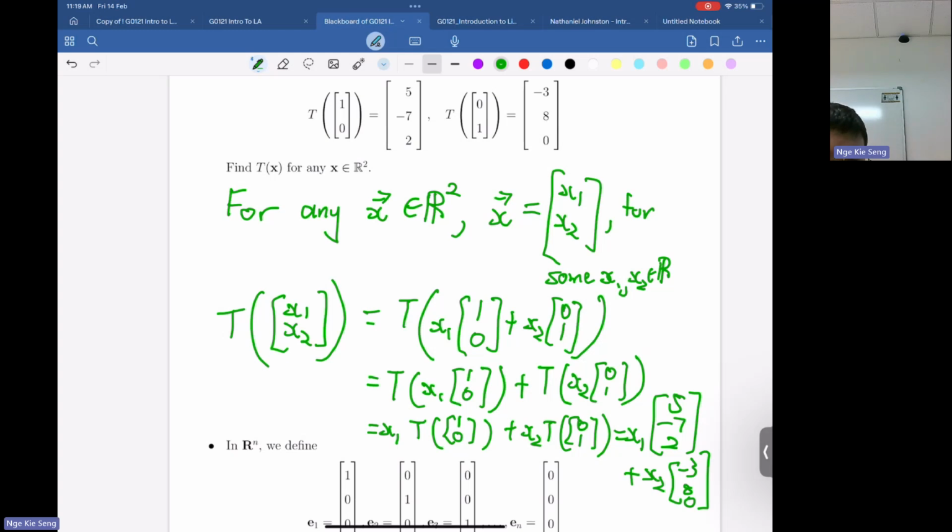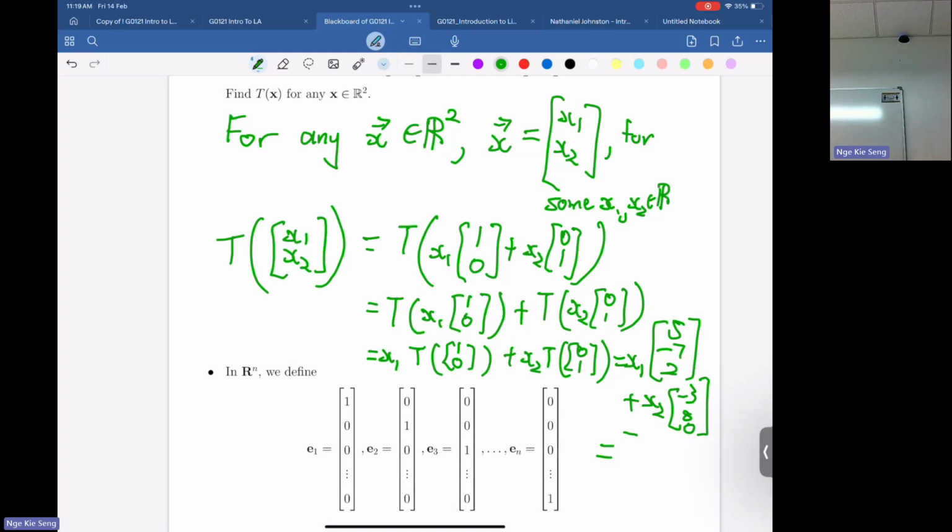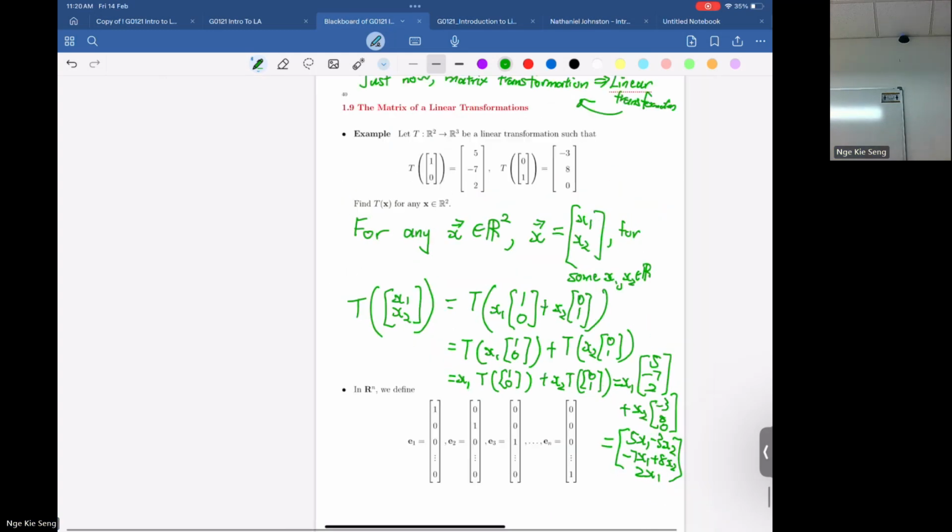So what did you get? You can write it as (5x1 - 3x2, -7x1 + 8x2, 2x1).